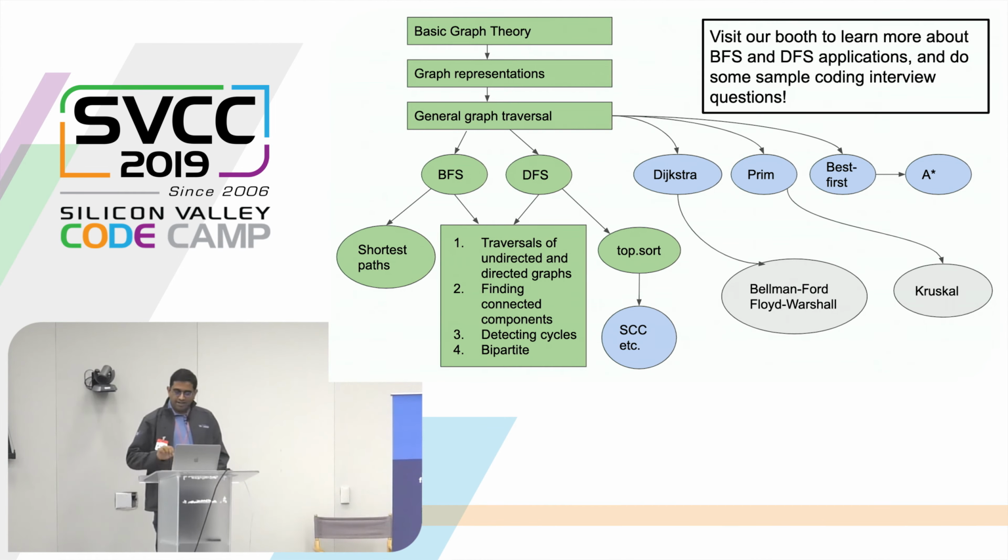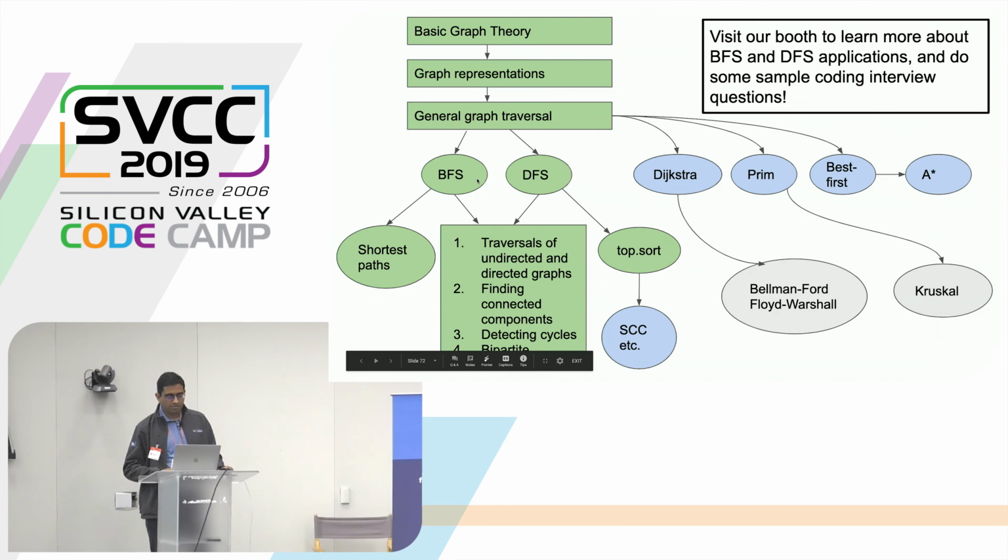So this was a rapid walkthrough through a single problem, but I'm happy to walk you through different popular graph interview questions and specifically to show you how we use BFS and DFS to solve them.